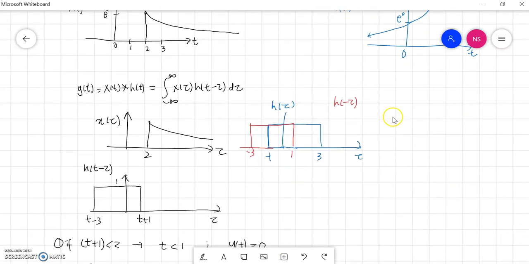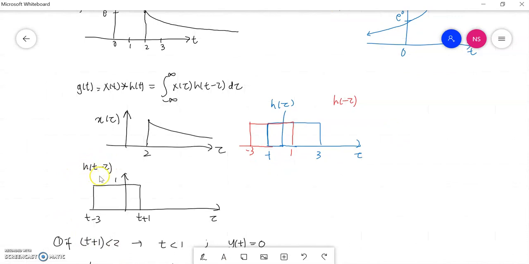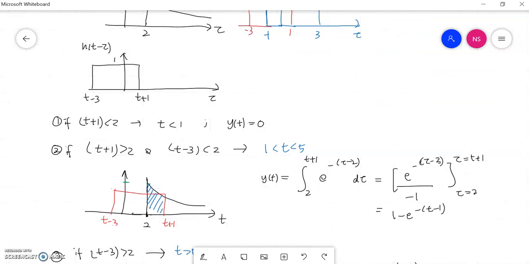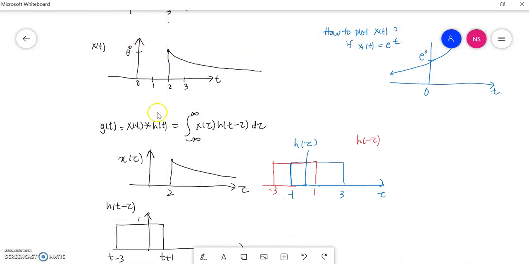And h(t minus tau) is just the shifting of this red block here, with t. So you will notice that here my value is t plus 1, and here it becomes t minus 3. So now is the convolution process, or the multiplication of this with our x(t).